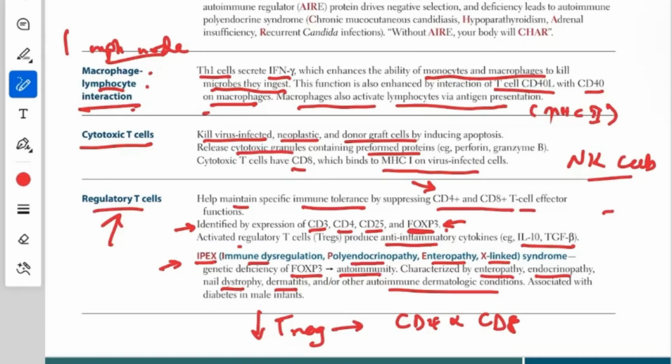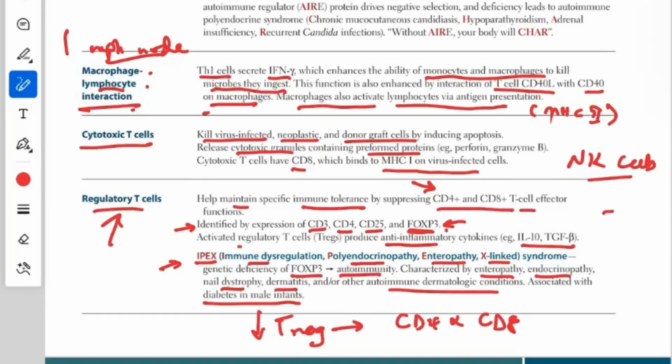Endocrinopathies involve virtually any endocrine organ. The nails look disordered and malformed, or disfigured. Dermatitis, for example eczema, occurs because the T cells are attacking the skin, and then other autoimmune dermatologic conditions, and it's associated with diabetes in the male infant.